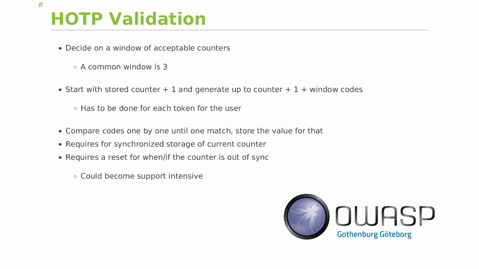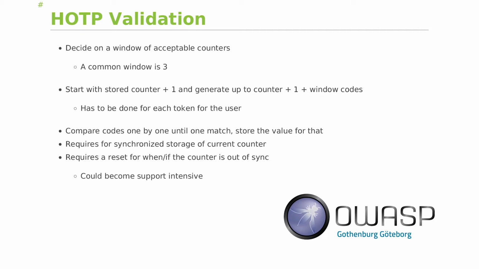So, the tricky thing with HOTP is the counters. Always the counters. You have to decide how many counters into the future the token might be. Do we accept 3 into the future? Or is 10 okay? If 10 is okay, then there are an awful lot of correct guesses just from guessing.